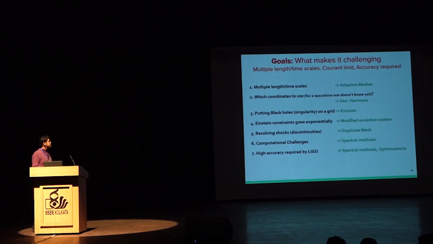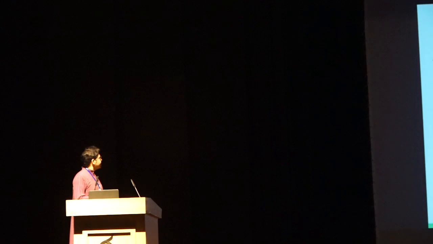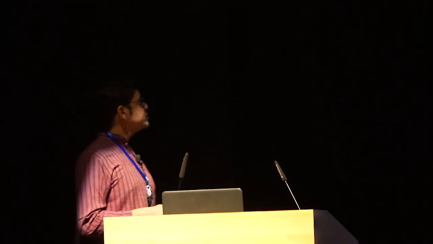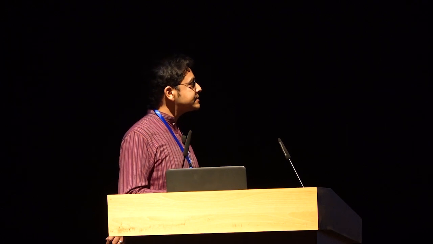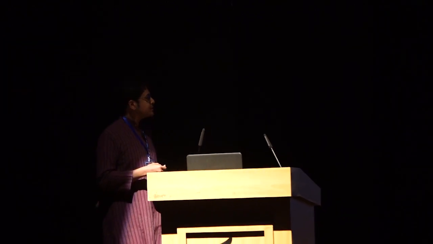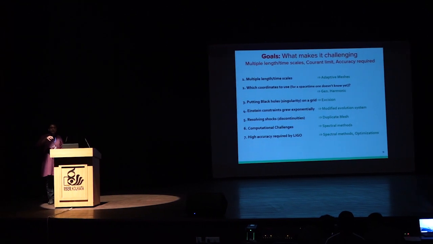So now going back to the challenges, let's look at how SpEC addresses, or at least tries to address some of them. So the first one I talked about was the question of handling multiple length and time scales. And the way we get around them is by using adaptive meshes. Adaptive meshes adapt to the length scales and time scales of the problem locally.